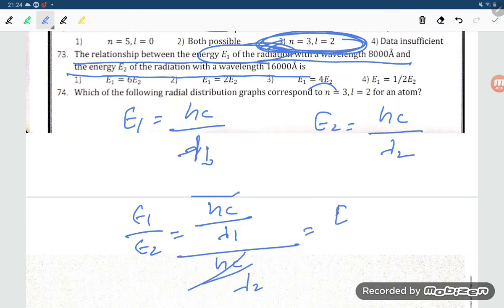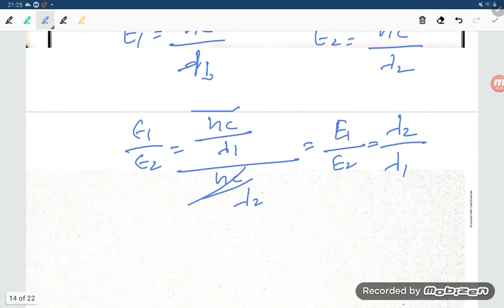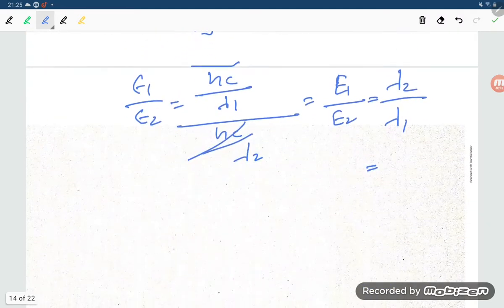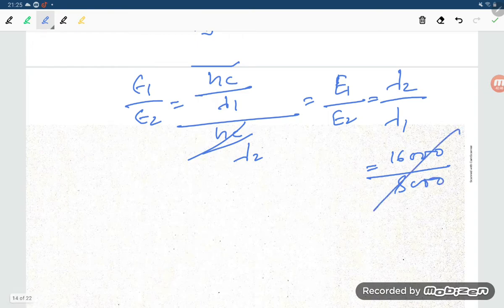So E1 upon E2 equals lambda 2 upon lambda 1. Putting in the values, 16,000 divided by 8,000 comes to 2. So E1 by E2 is equal to 2.